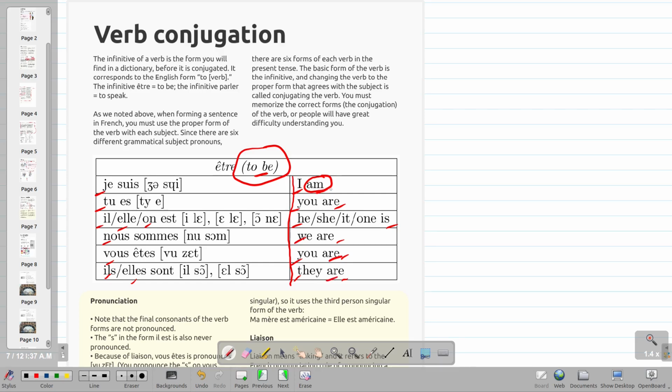So this is actually what we mean by conjugation. So when we give you the verb, we say take the verb to be, conjugate the verb to be. What we are asking you to do is to bring out all the different forms and make them go with all the different pronouns.